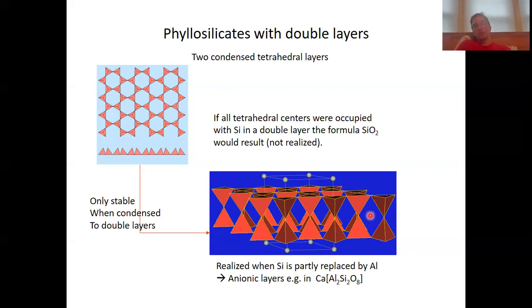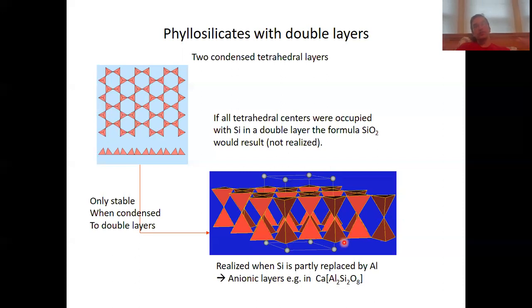However, this kind of structure has its place in reality in some ways because we can actually replace some of the silicons in these structures by aluminums. Okay, so we have then AlO4 tetrahedra. Okay, and when you surround aluminum tetrahedrally, then that aluminum carries a formal negative charge. Okay, and that means that the entire layer then carries a formal negative charge depending on how many aluminums are in there.